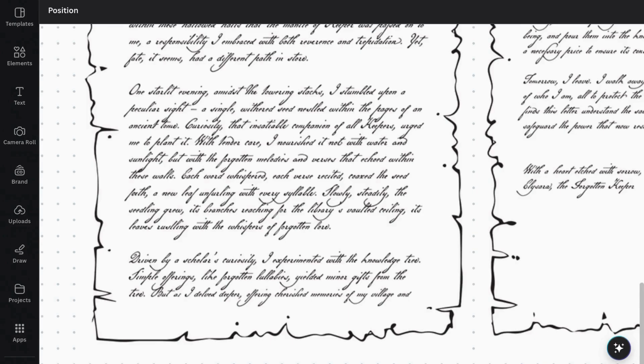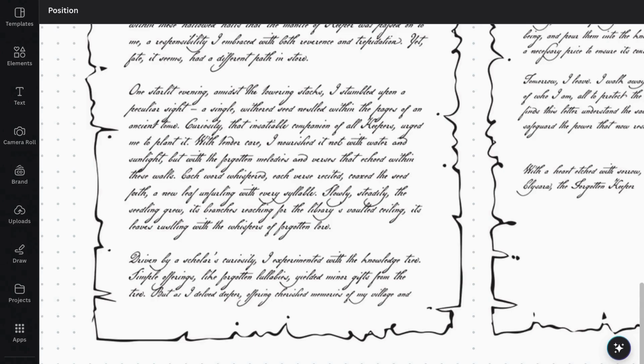Each word whispered, each verse recited, coaxed the seed forth, a new leaf unfurling with every syllable. Slowly, steadily, the seedling grew, its branches searching for the library's vaulted ceiling, its leaves rustling with the whispers of the forgotten lore.